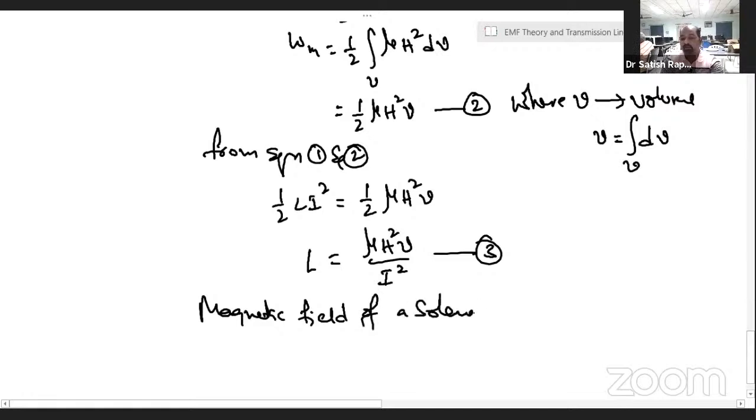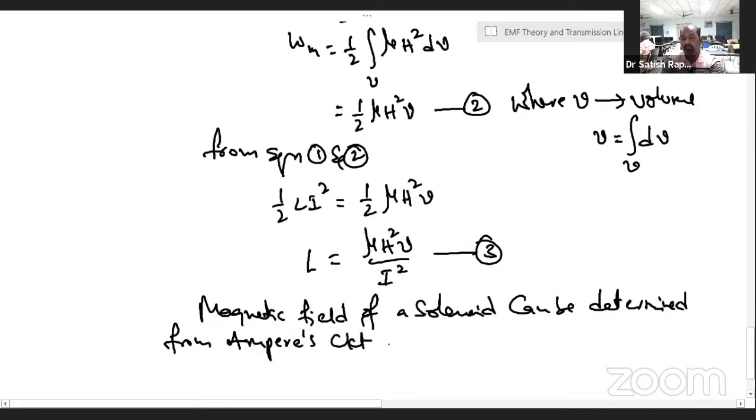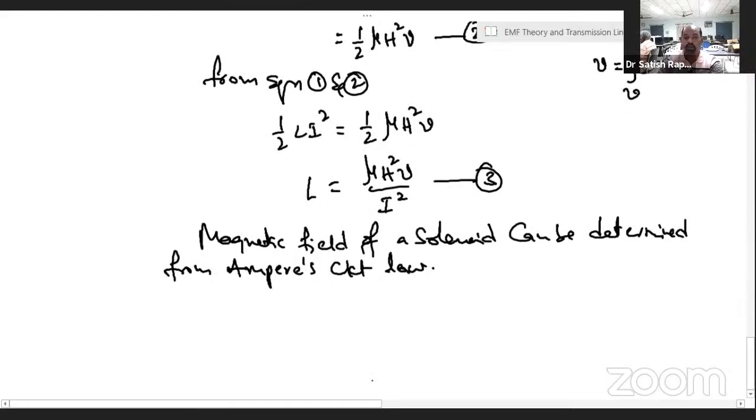The magnetic field of a solenoid can be determined from Ampere's circuital law. What is Ampere's circuital law?